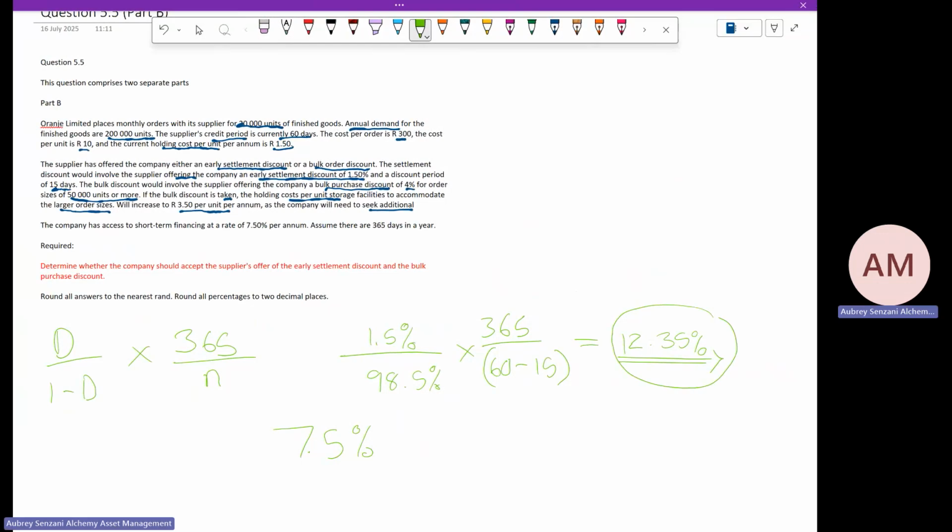This is the cost if we don't take advantage of it. Can you see that? The 12.35% is the cost of not taking advantage of an early settlement discount. And do what with it? We take the 7.5% financing, right? And then what do we do with it?